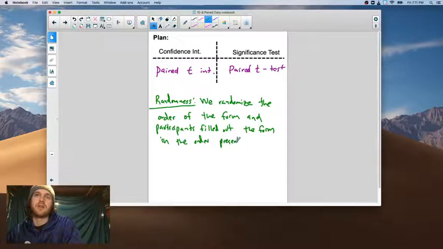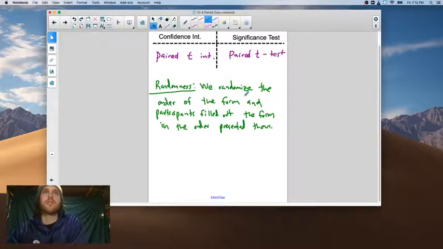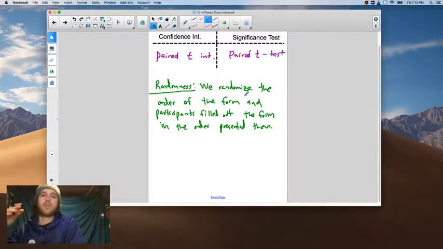Now, technically, I didn't ask you to do that, but that's how we would do it if we were doing it really, really correctly. So basically, randomize the question order, and then at the top of the form say, hey, you need to report the data in the order that is presented to you. So you randomize the question order and make sure the order of the questions is on the form.